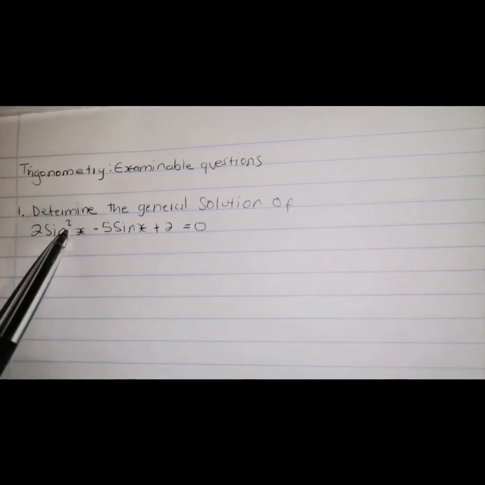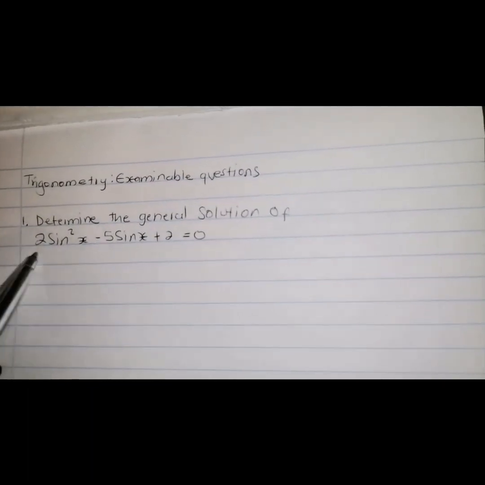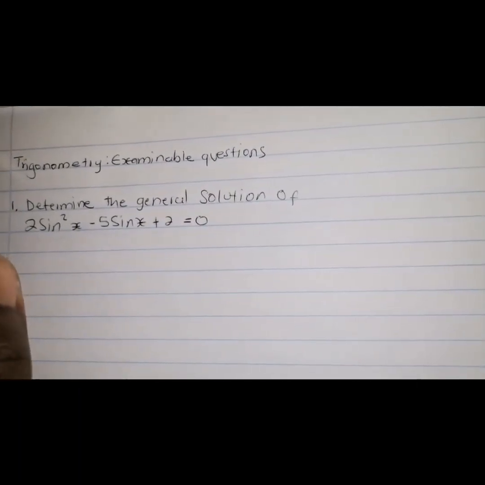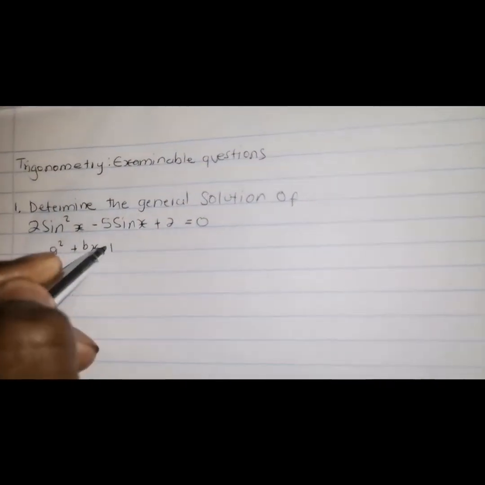This is a quadratic equation because there are 3 terms and there's a squared here, meaning here you must open 2 brackets of sin x. Can you see, guys? We have a first term that is squared. I'm gonna write the basics of a quadratic equation: ax squared plus bx plus c equal to 0.